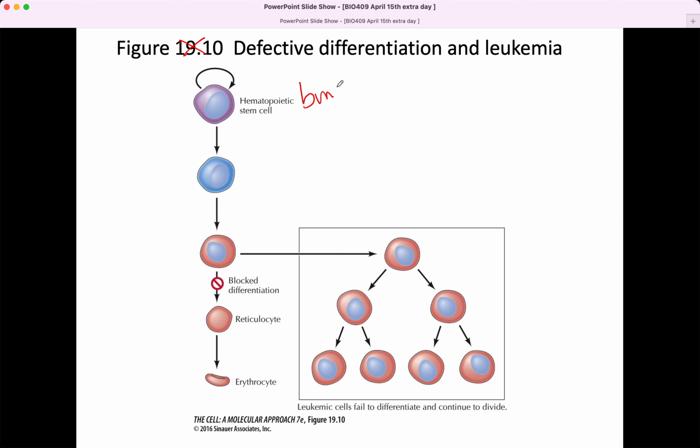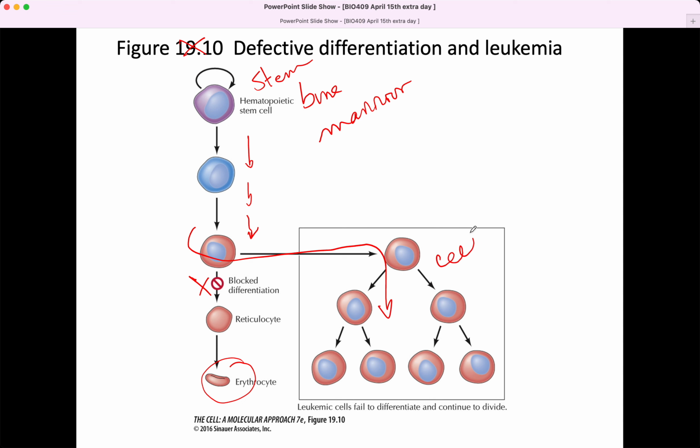So here's a cell in the bone marrow. And we've talked about this, that there are stem cells in the bone marrow, and they're constantly replenishing our blood cells. And so here's a cell dividing, and it's going to go through differentiation to become a red blood cell. And there's a mutation where it doesn't differentiate. And as a result, these cells don't differentiate and they continue in the cell cycle.